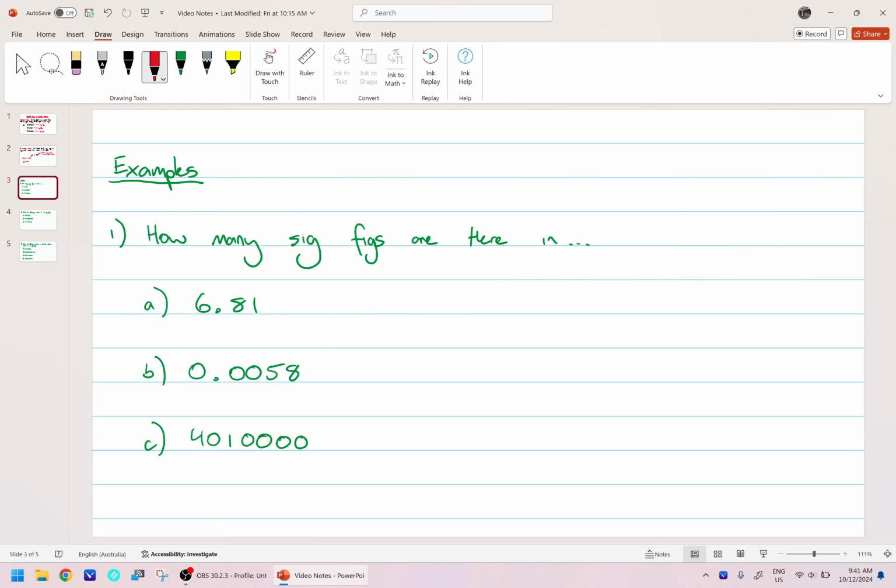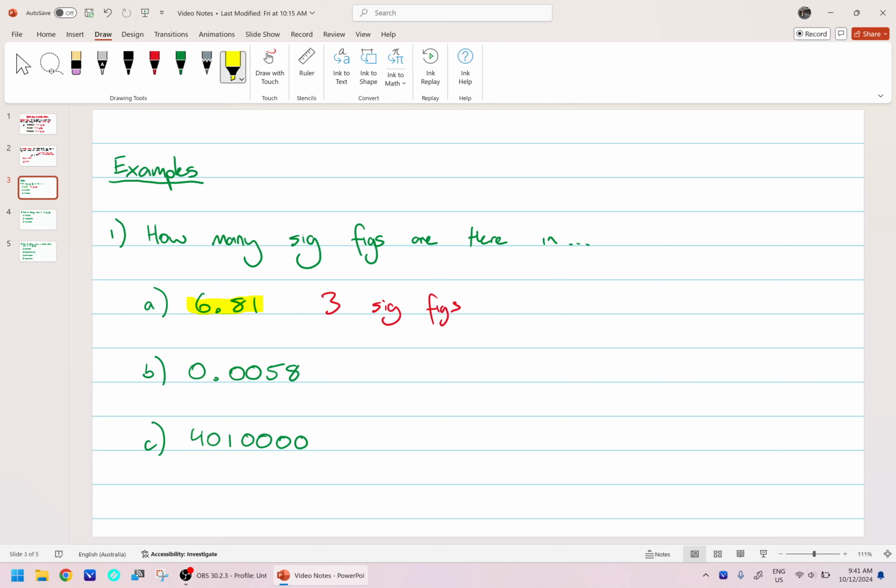So for a few example questions, first of all, we need to see how many sig figs there are in these numbers. Starting from this first number, the first non-zero is 6, and we go to the last, so there are 3 sig figs, because those are all significant.